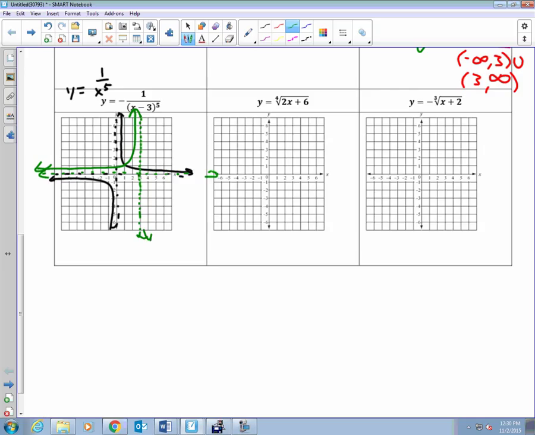Instead of the top one, this one's going to be in the bottom one. So what's the domain? Negative infinity to 3, union with 3 to infinity. And what's the range? Negative infinity to 0, and then 0 to infinity.